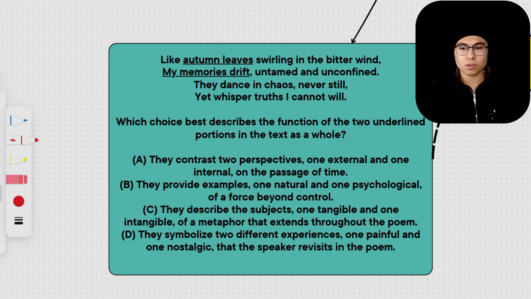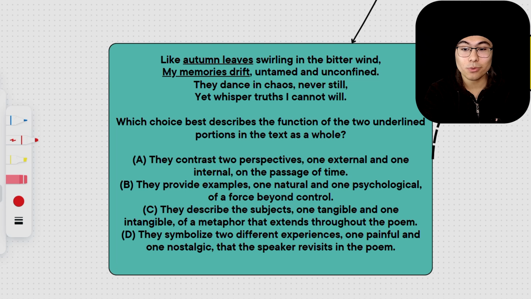Memories are also things that we don't really control, and just like those leaves in the wind, our thoughts and memories drift around chaotically. I guess the first underlined part, leaves, is a physical object, and the second underlined part, memories, is an abstract thing. So the poem is making a comparison between a physical and an abstract object.